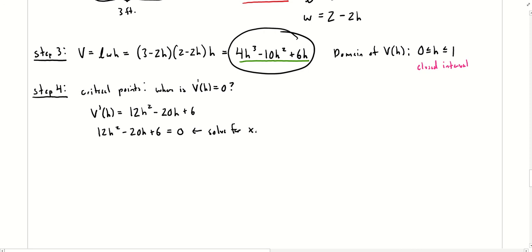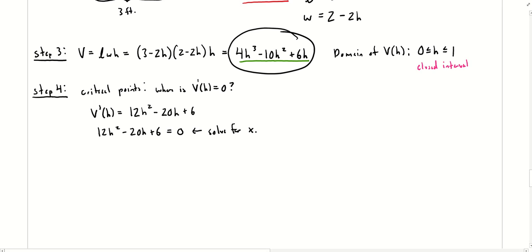Now this is a case where I don't have a really nice factorable expression here. It's not easy for me to factor this. So I'm going to use the quadratic formula to solve for h here. Sorry for the pause, my cat was jumping on things.